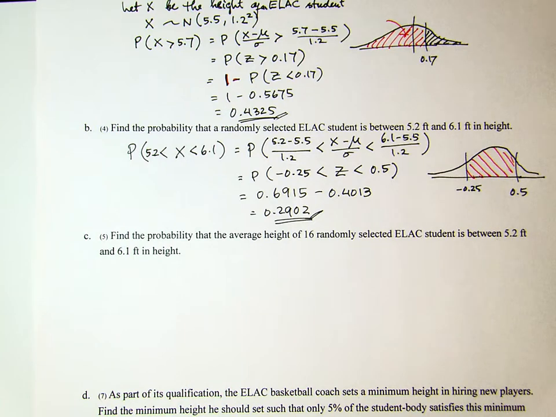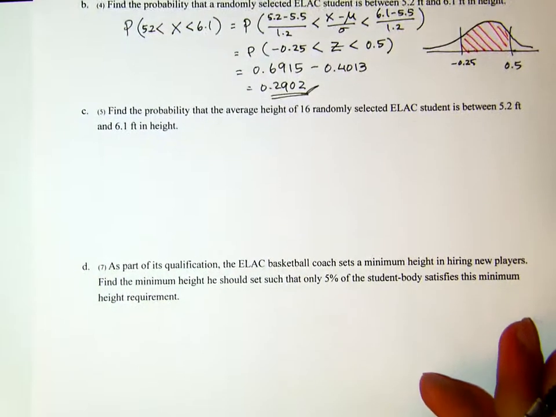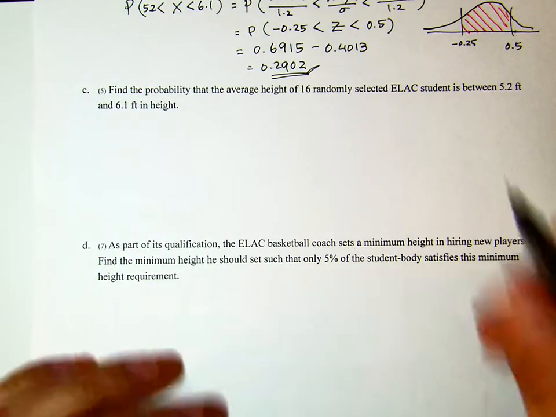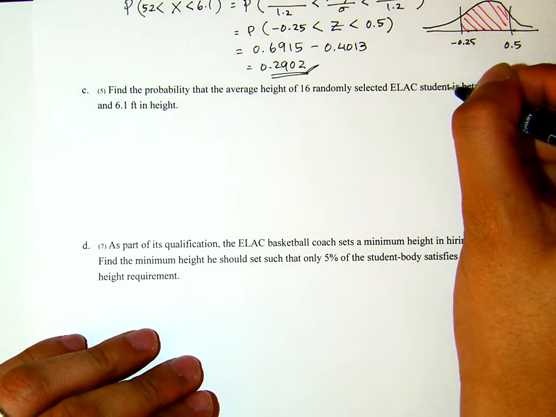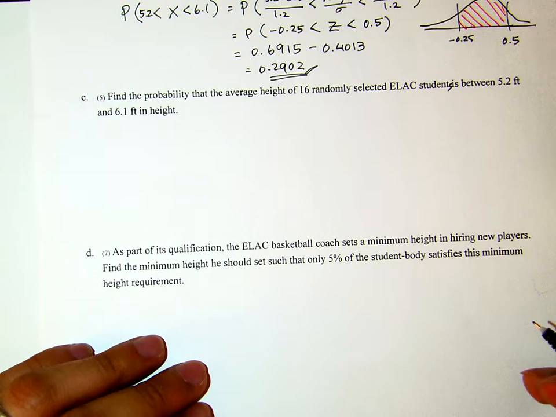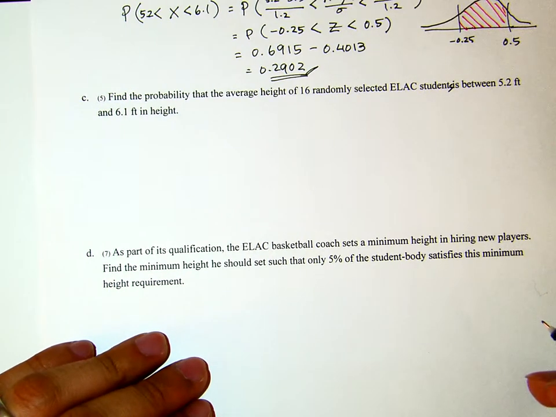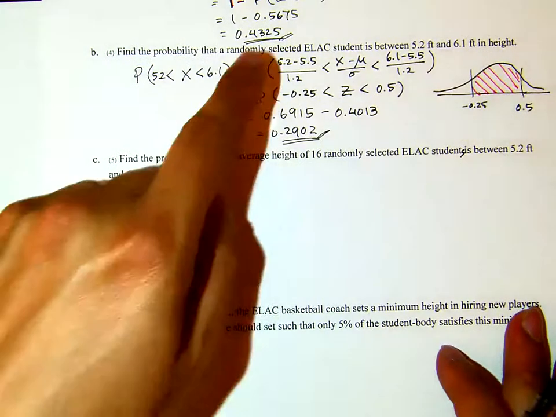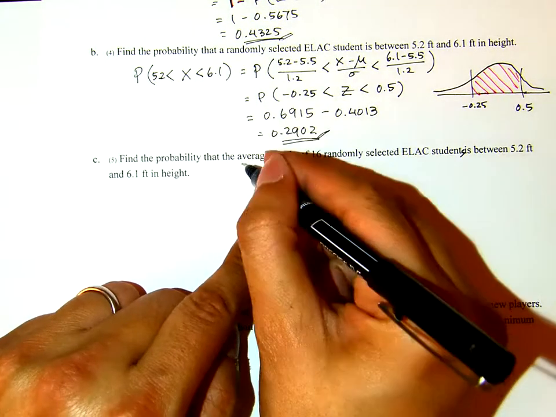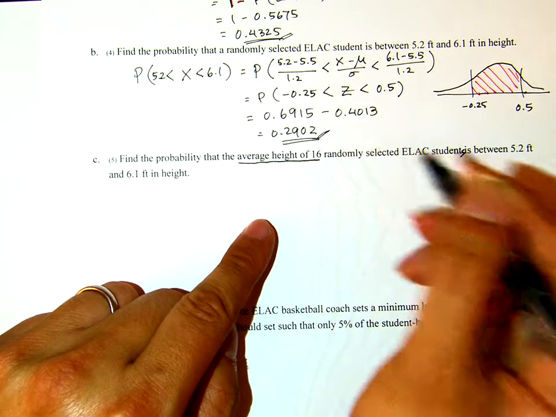Let me just go on finishing this question. Part C: find the probability that the average height of 16 randomly selected ELAC students is between 5.2 feet and 6.1 feet in height. This seems very similar to part B, but in part C we are talking about the average height of 16 students.